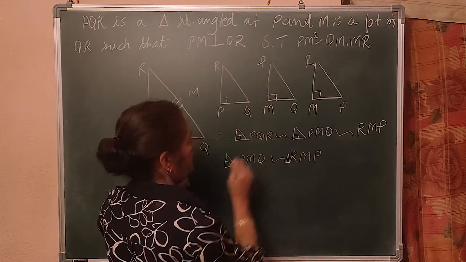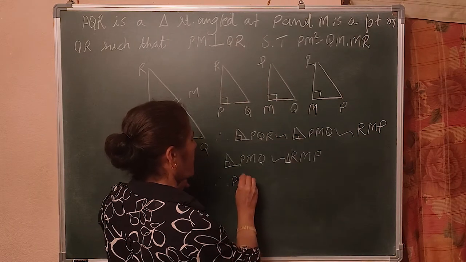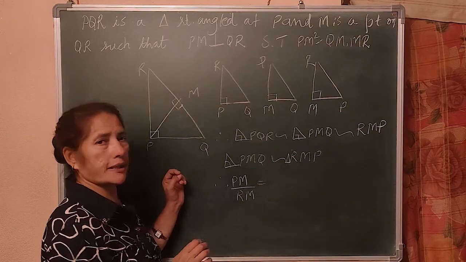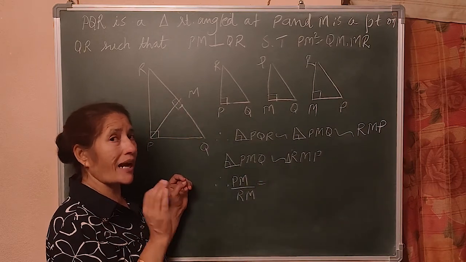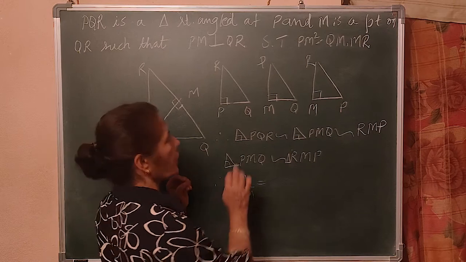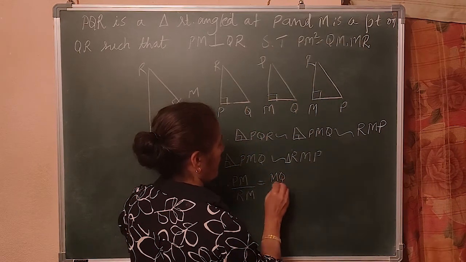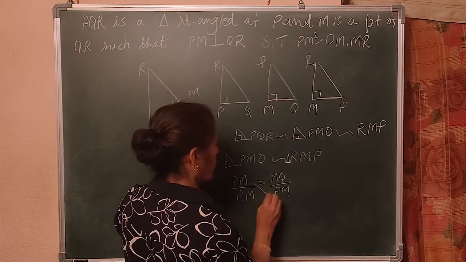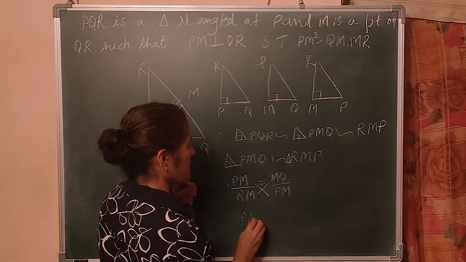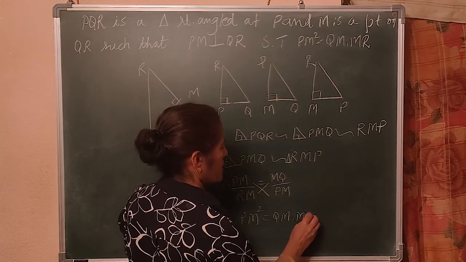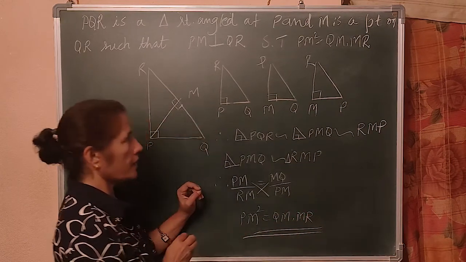PM by RM. The sides of the similar triangles are proportional. So, PM by RM is equal to MQ by PM. Right? So you get PM square is equal to QM into MR. This is the answer. Finished.